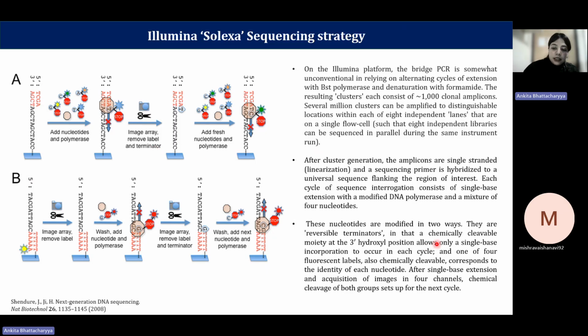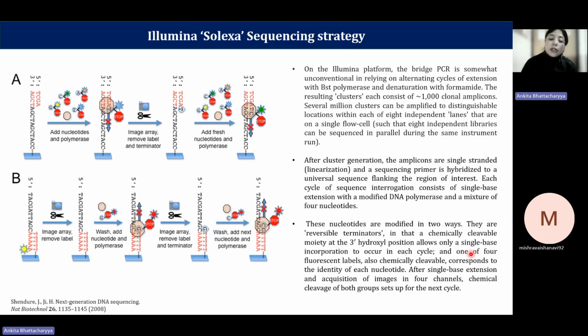What do we mean by that? The nucleotides which get incorporated during this polymerase reaction are chemically modified in two ways. They are called reversible terminators. How so? A chemically cleavable moiety at the 3' OH position allows only single base incorporation to occur in each cycle.